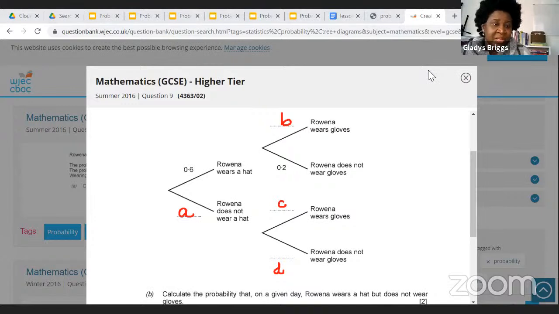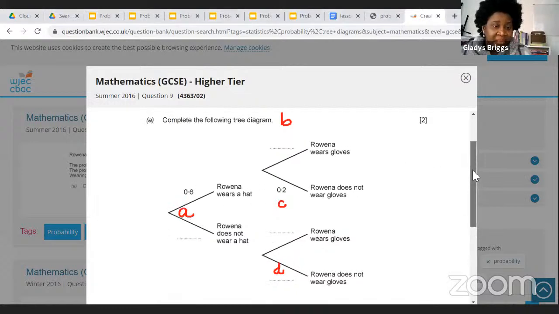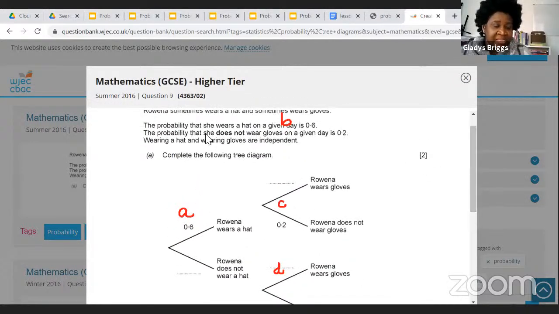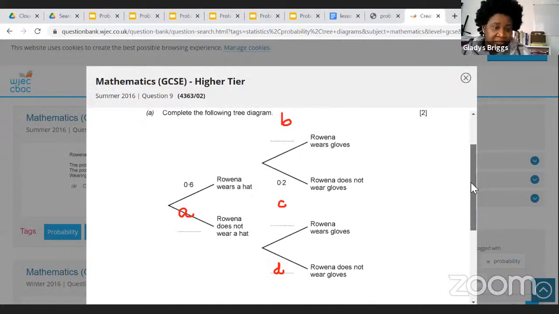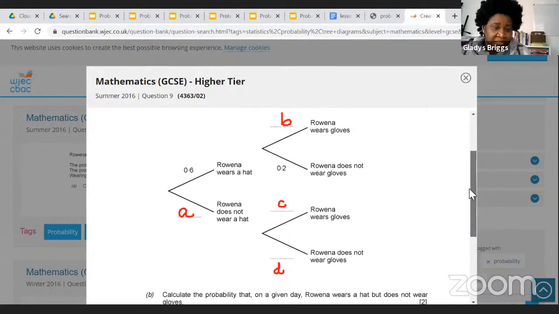Yeah. Is A 0.6? If this is 0.6, what's this one going to be? Mind you, the total probability is always equal to 1.